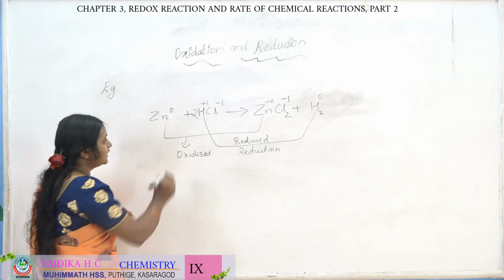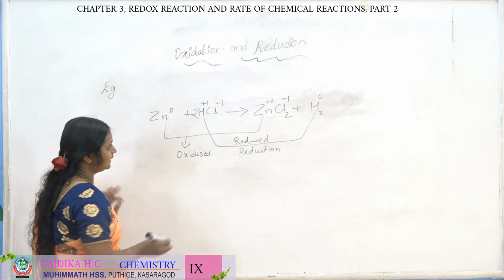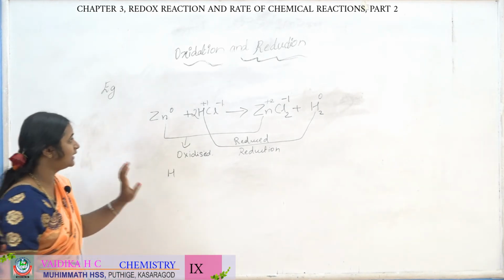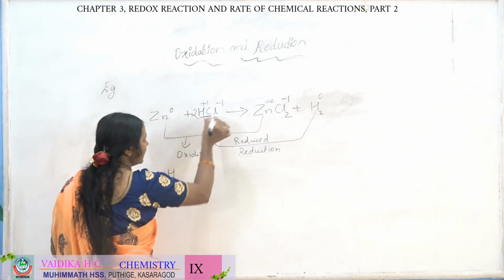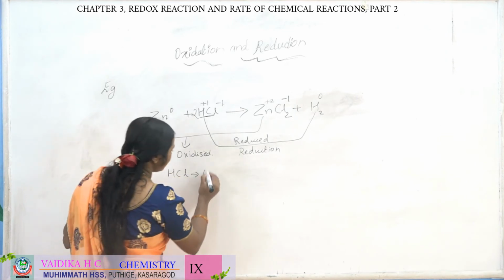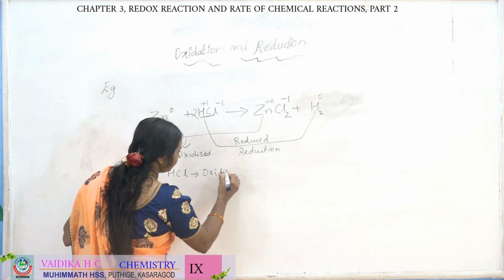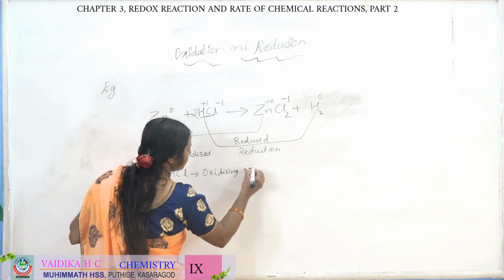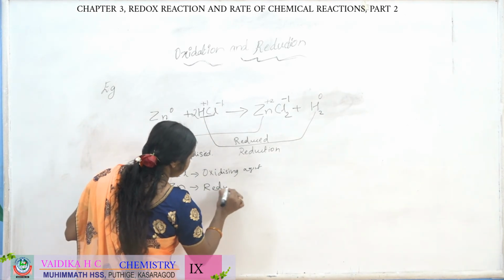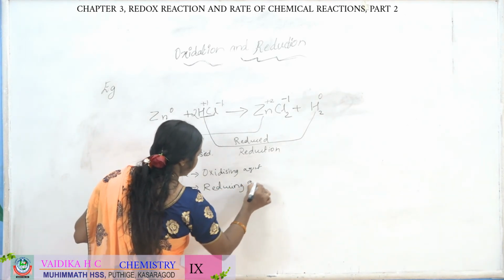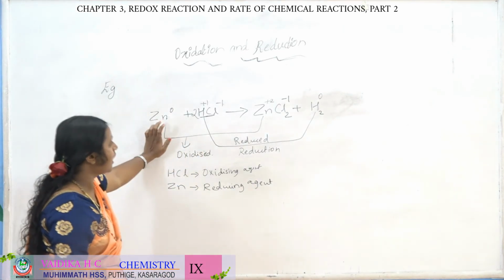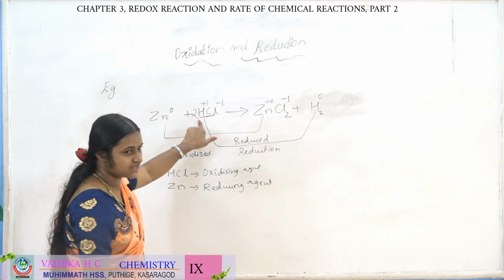So here, which is the oxidizing agent? As you know, hydrogen is the oxidizing agent, but here hydrogen is in the compound, so we take HCl as the oxidizing agent, and zinc will be the reducing agent, because zinc loses 2 electrons, but hydrogen gains 1 electron.